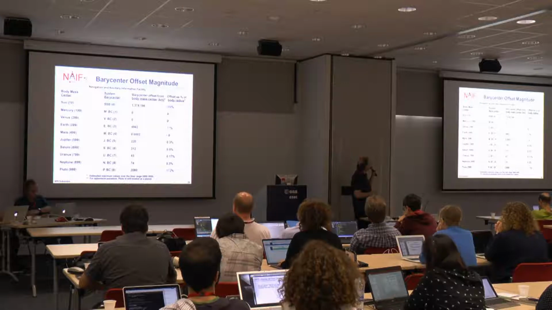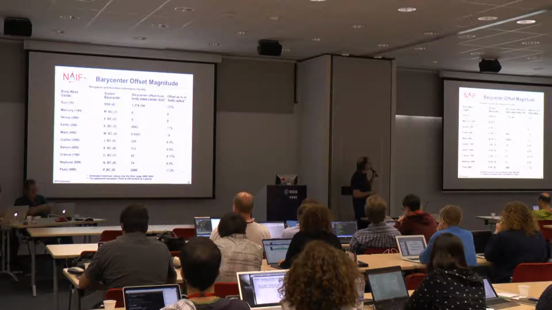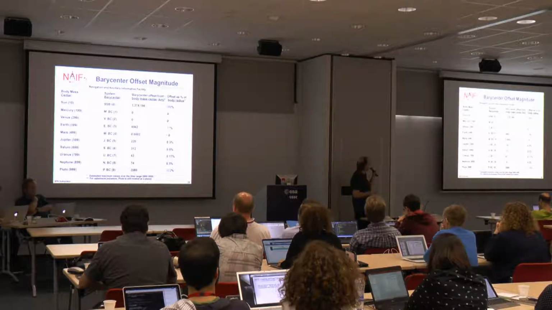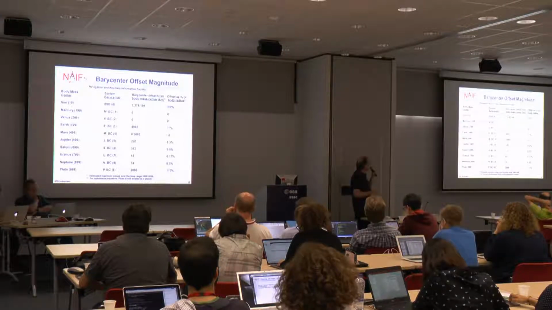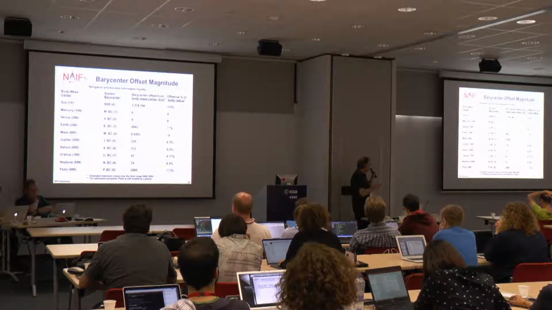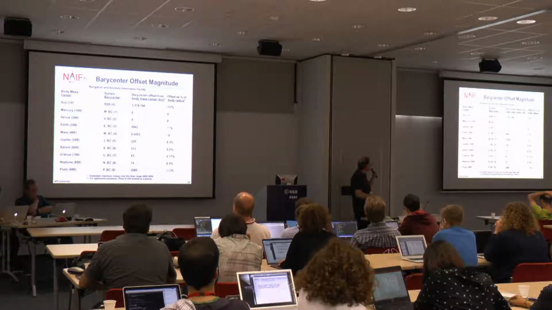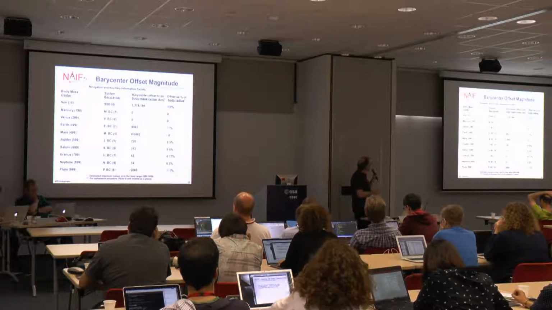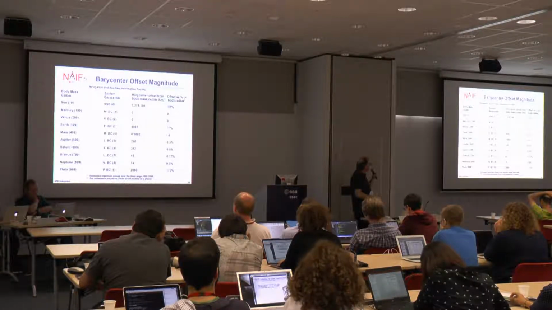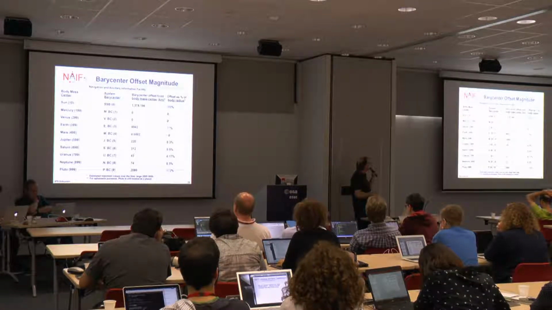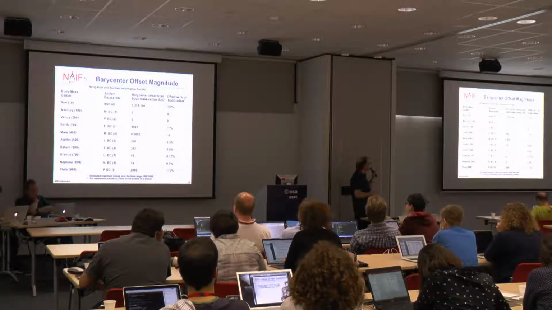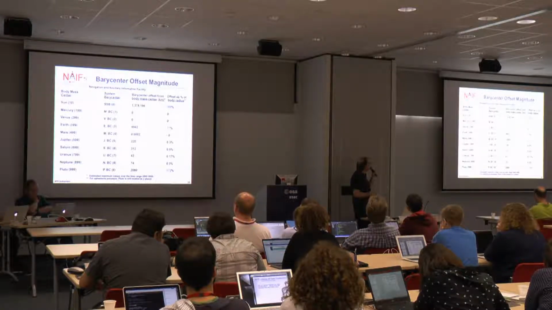Barycenter offset magnitude. Here are some examples of offsets between planet centers and planet system barycenters, and also for the Sun. These are estimated maximum values over the time range 2000 to 2050. We see that, for example, for the Sun, the barycenter can be well outside the Sun, almost 2 solar radii away.